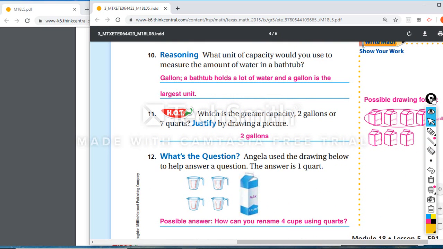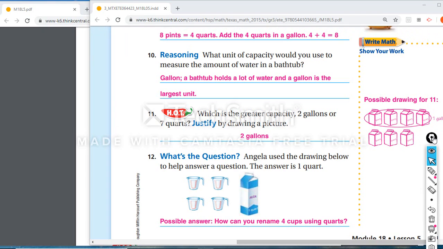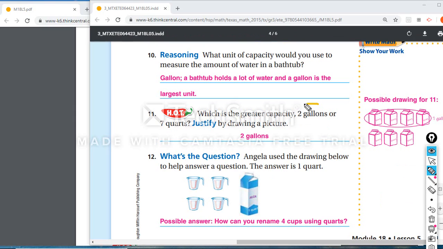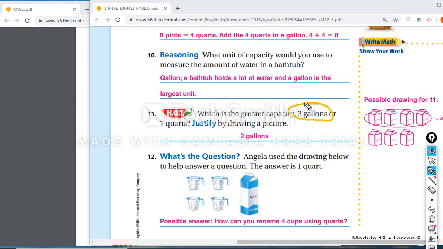If we look at the next one here, which is the greater capacity, 2 gallons or 7 quarts? Again, you need to convert into quarts, and this is already in quarts. So figure out how many quarts are in 2 gallons.